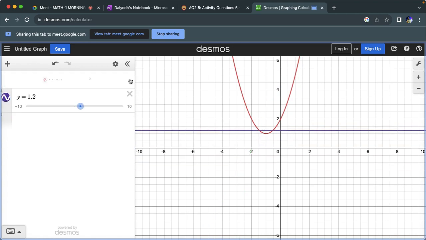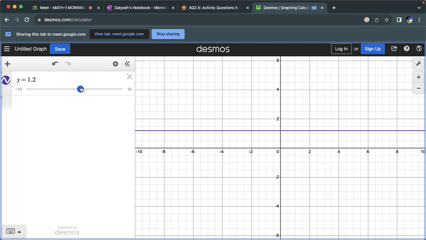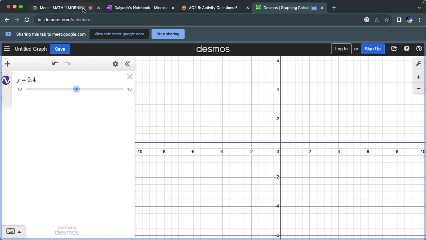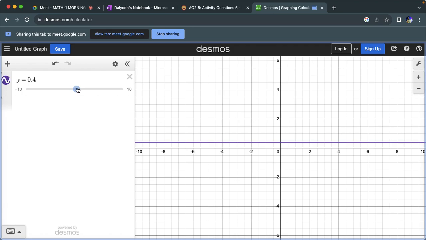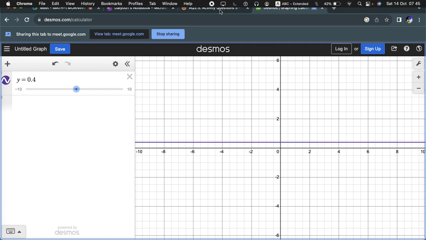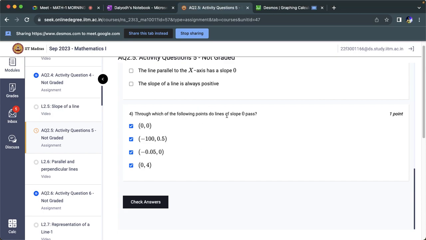So we have to see both cases, right? Like if we see both cases, this answer is not true. Only in one case it is true, for the horizontal lines, right?